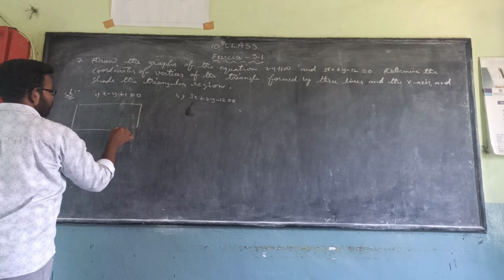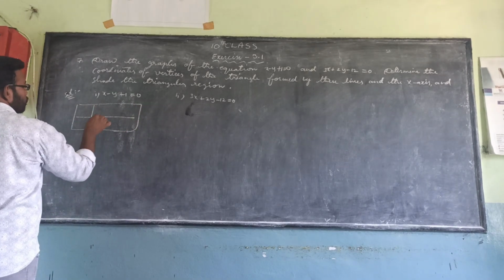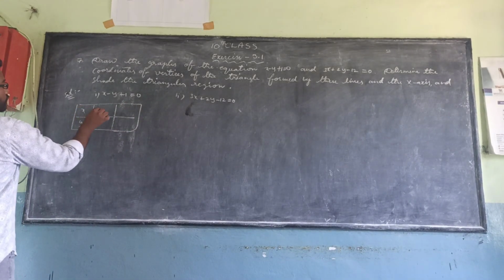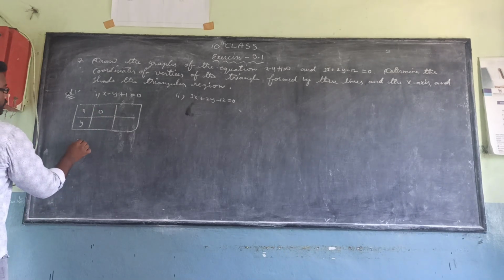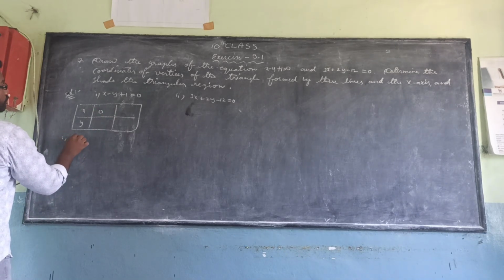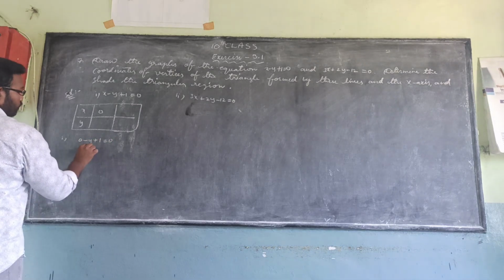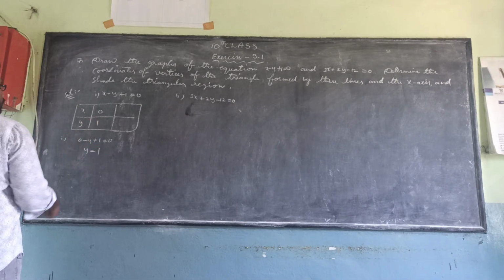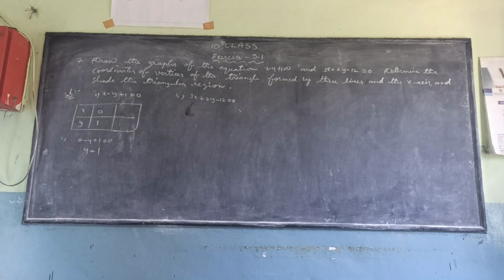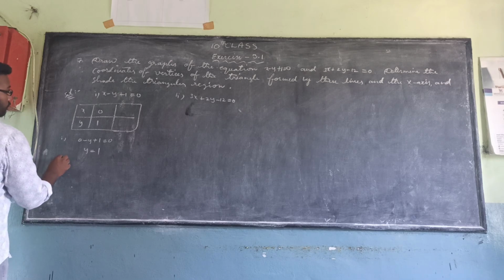If x is equal to 0, then y is equal to 1.